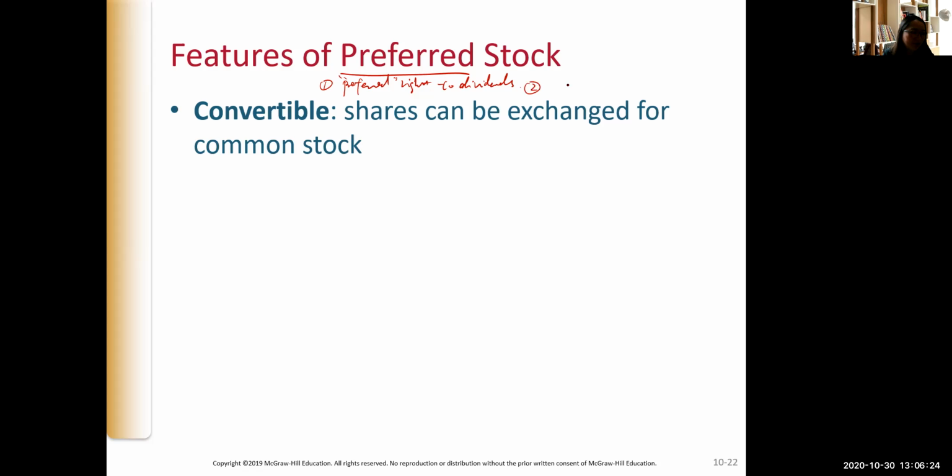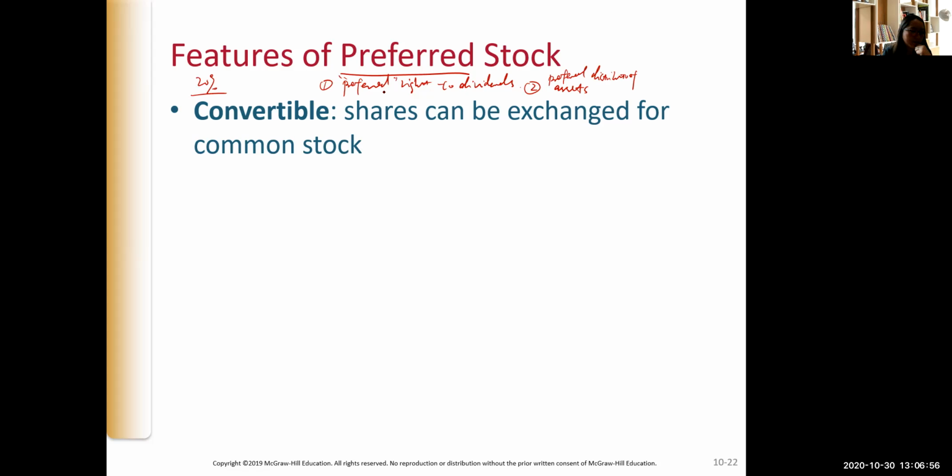And second, preferred stockholders receive a preference over common stockholders in the distribution of assets when the company is dissolved. So this makes them special, okay? About 20% of US companies actually have preferred stock outstanding.